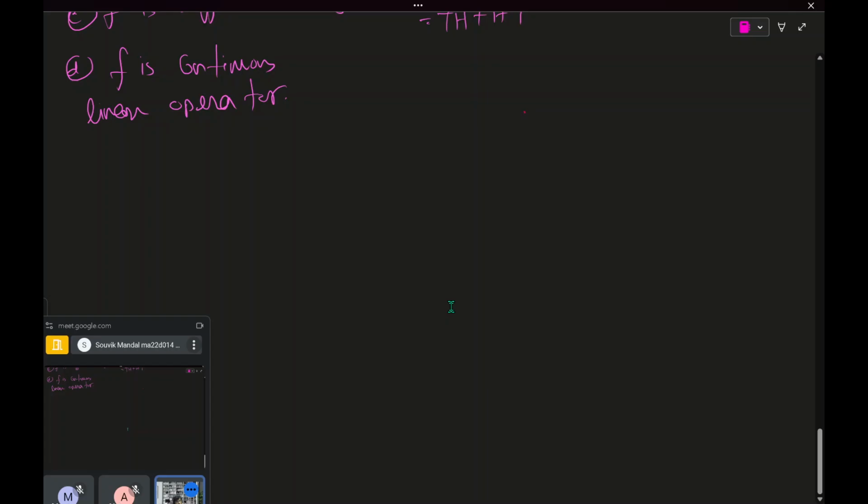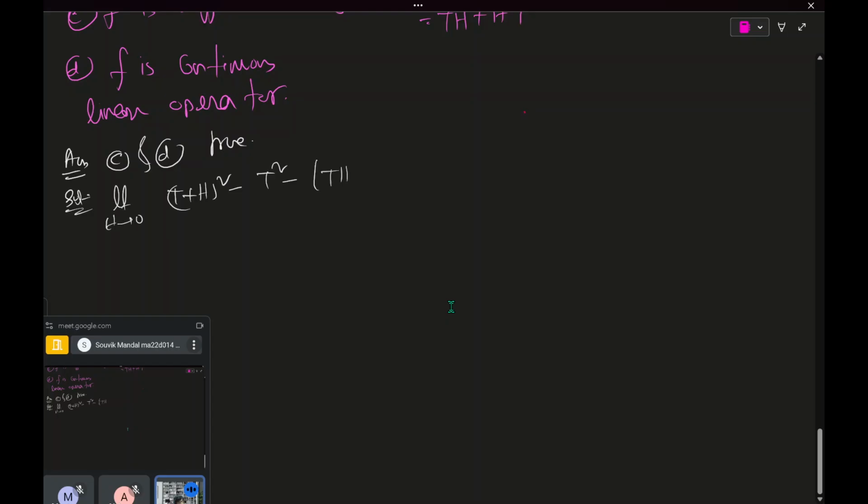How to do it? Limit as H goes to 0 of (T+H) squared minus T squared minus (TH + HT), divided by norm of H. This thing is equal to the limit as H goes to 0 of H squared by norm of H, which is equal to 0.